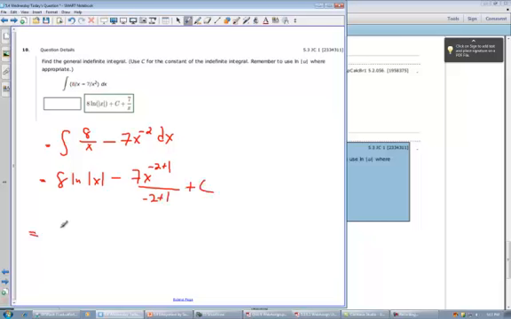And so this is equal to 8 ln absolute value of x. And then I have minus 7x to the negative 1, right? Negative 2 plus 1 is a negative 1, divided by negative 1 plus C. And I can just rewrite that as 8 ln absolute value of x, minus a minus is a plus, and I can write this as 7 over x, because the exponent's negative, plus C.